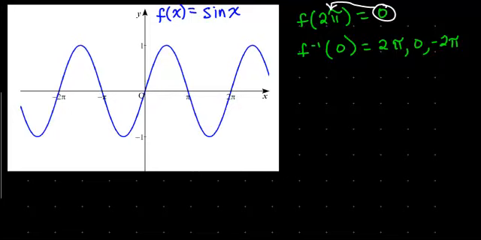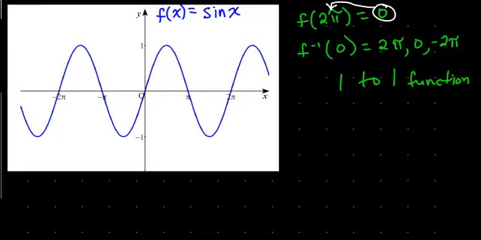And so that's our issue. What we need to do is restrict f of x equals sine x to a specific domain where the function is one-to-one. We need a one-to-one function if we're going to have an invertible function.